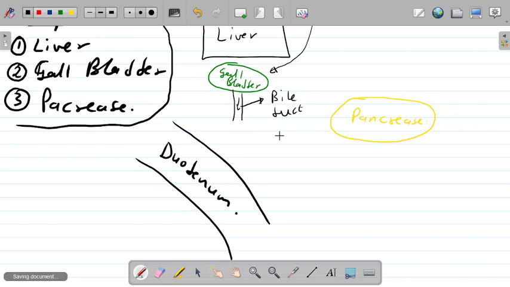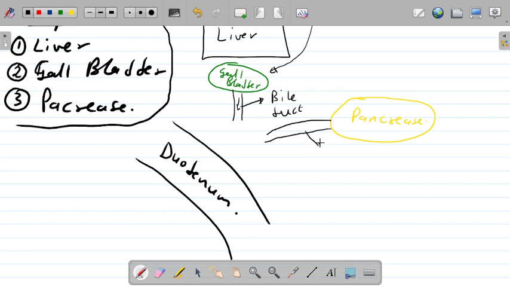For example, oviduct, that's your fallopian tube. And then your sperm duct. Good. Then your pancreas also has a tube in which it secretes your pancreatic juices.